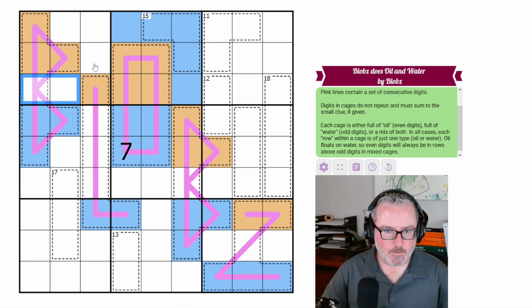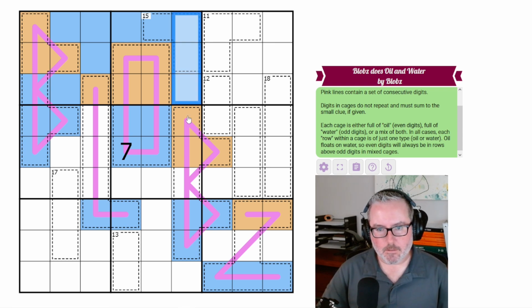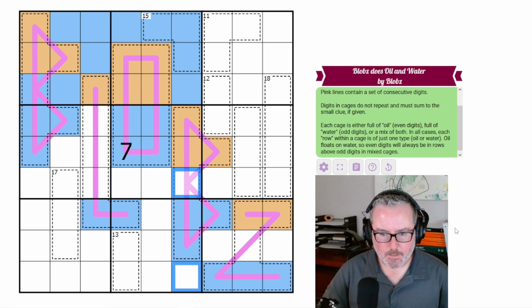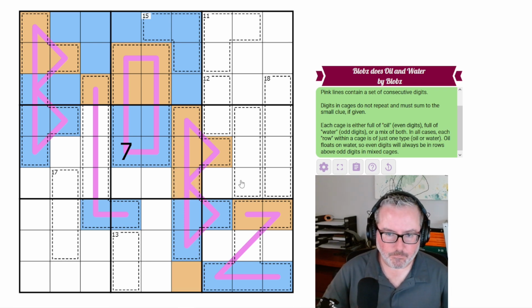So all of these must be odd and water. And what next? Okay, so looking at this column, we have all of our odd waters. So therefore, these must be even oils. And can we continue with that process?